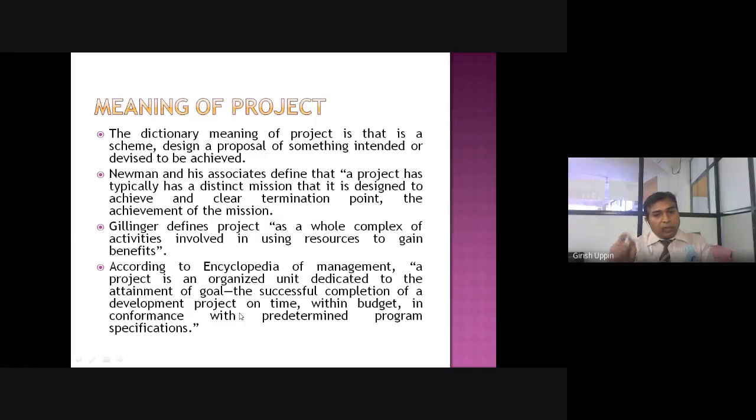The project should complete on time as well as within budget. Let us say a project is budgeted for, for example, 1 million rupees; it should get completed within that budget and should not exceed it. And in conformance with a predetermined program specification means it should conform to whatever specification was set earlier, and complete on time within the budget. That is according to the Encyclopedia.